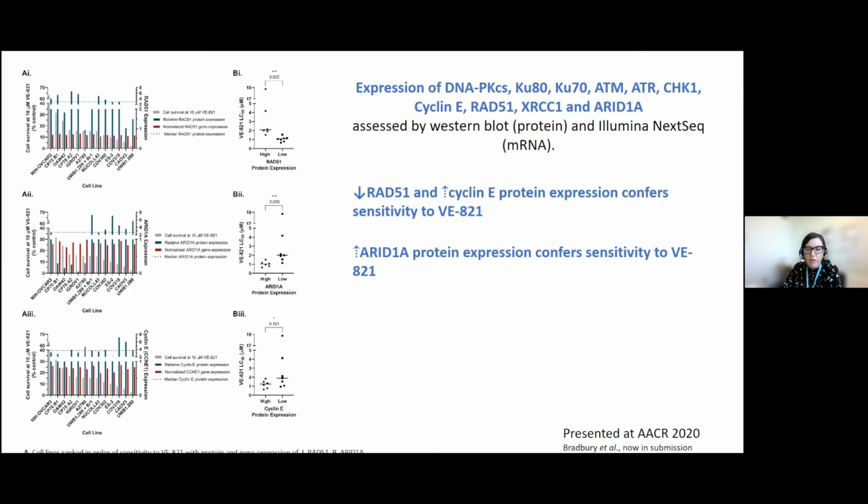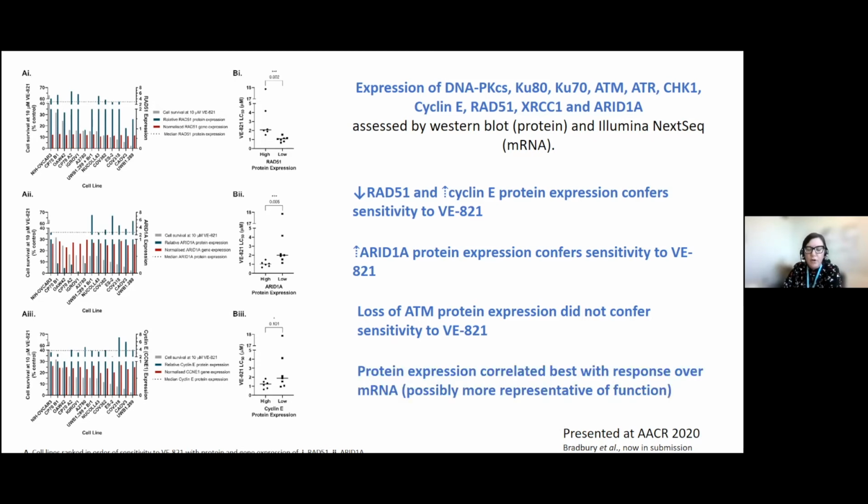Oddly, high ARID1A protein expression conferred sensitivity, not low, which would go against the other published literature. But we also found that loss of ATM did not confer sensitivity to VE821, and again, this is in cell lines. Protein expression results by Western blot correlated much better than the mRNA results, and maybe that's more representative of functional loss at the protein level.